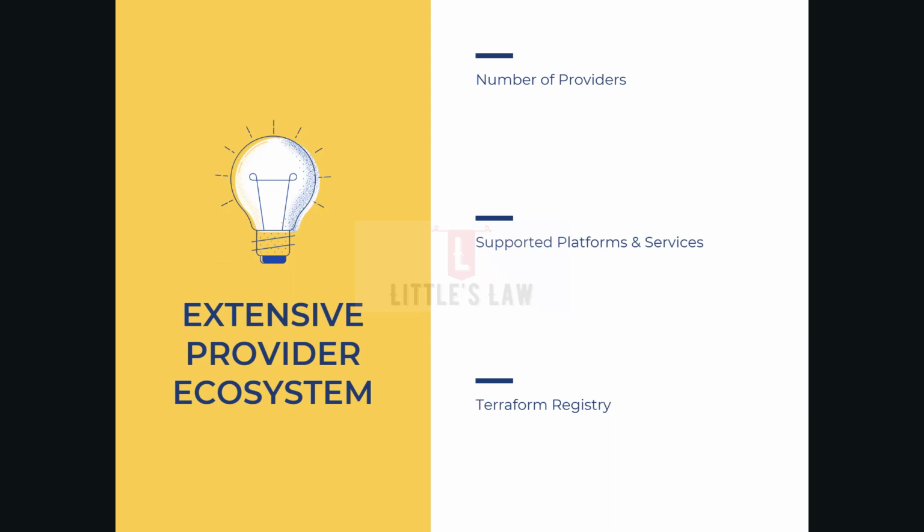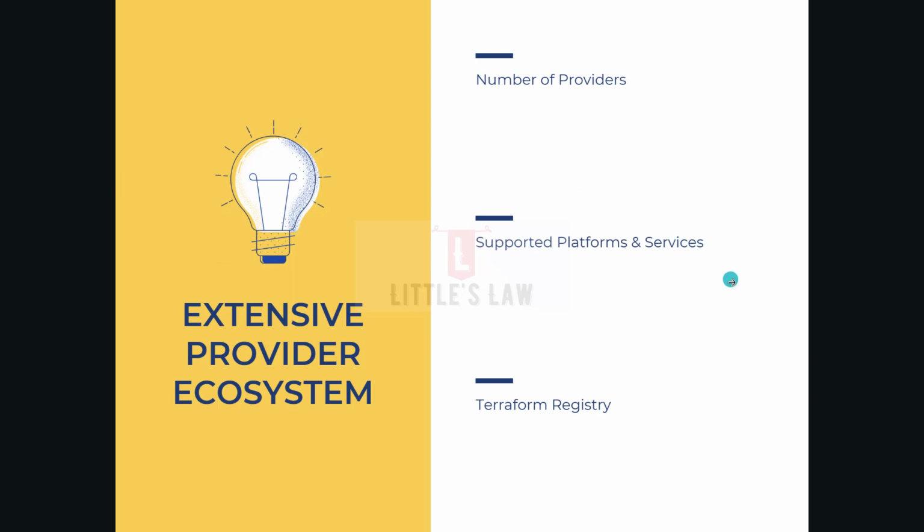These are major, market-dominant products, and Terraform supports these platforms. Finally, the Terraform registry is the central repository where you can discover and access these providers, and it serves as a hub for sharing and reusing configurations.